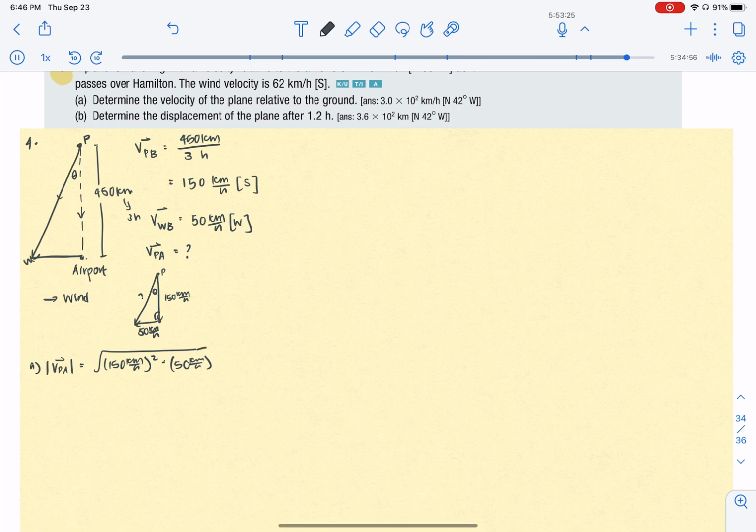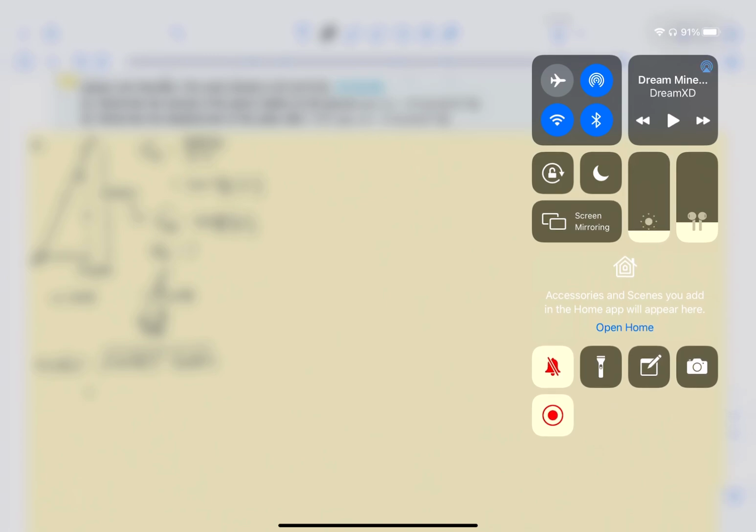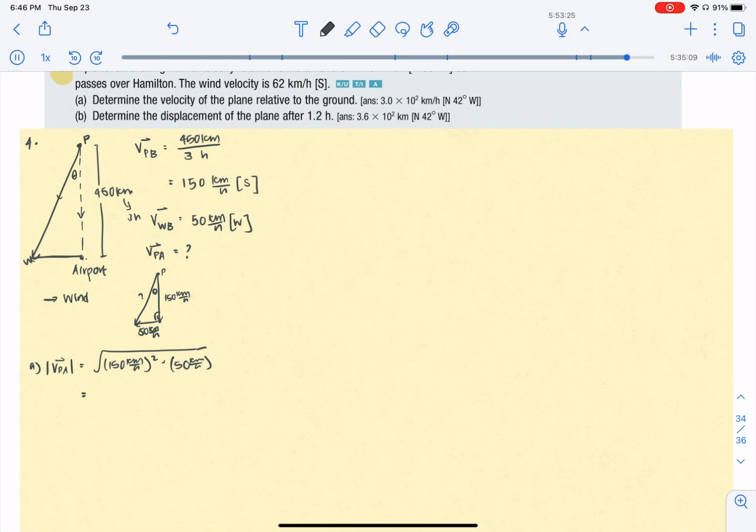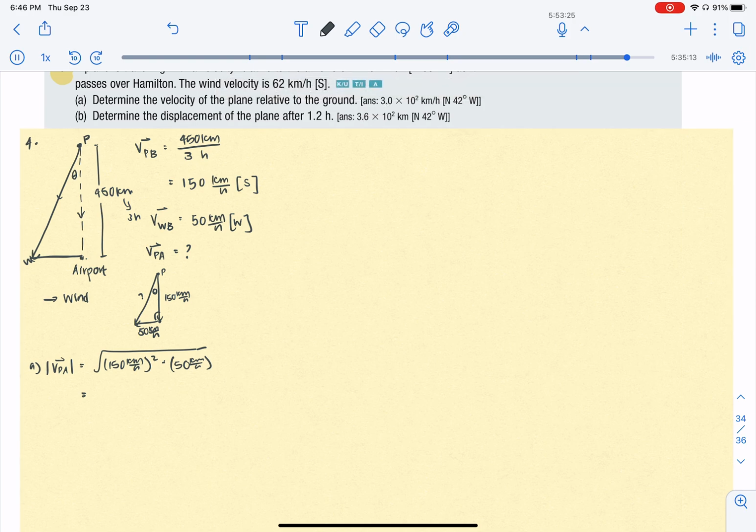We want to find theta, so the direction. How do we find the direction? It's a right angle triangle. We know 2 sides. How are we going to find theta? Jake, how are we going to find theta? The tangent of the x component over the y component.